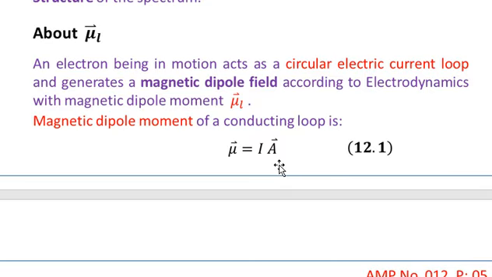This is completely a classical description, and mu is the quantity associated with that. A current in a loop of area A will produce a magnetic dipole moment mu, which is given by equation 12.1. So mu is equal to I times A. This is the classical definition of the magnetic dipole moment.